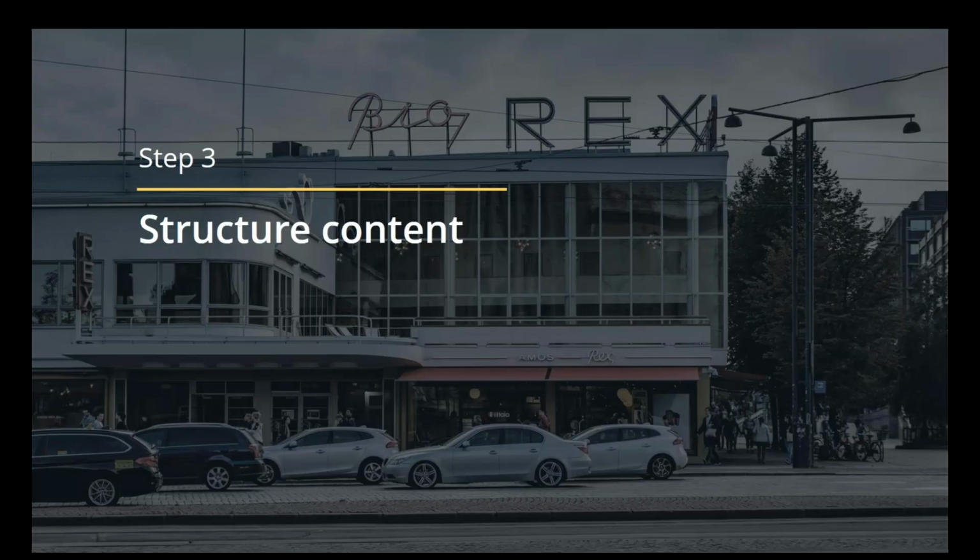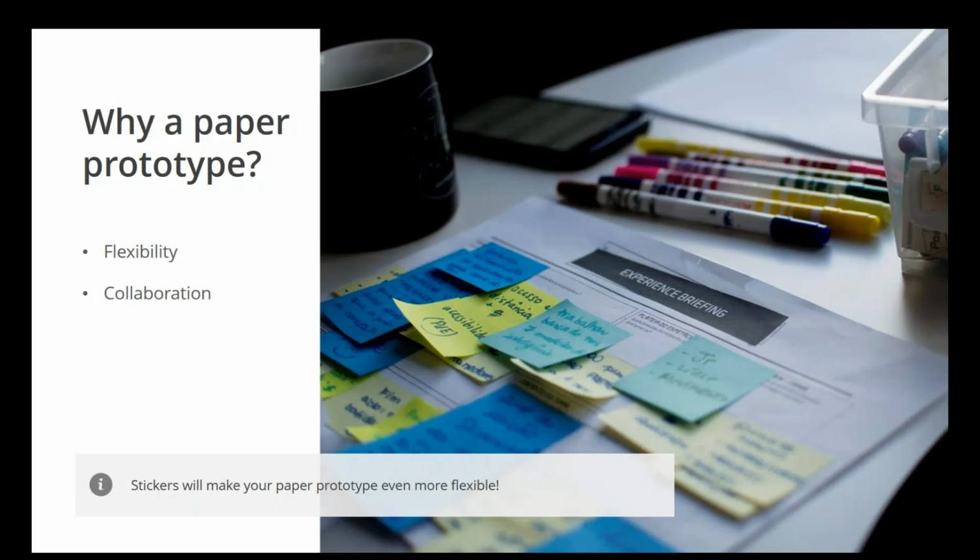So this is step 3, structure my content. I have to say that I always do a paper prototype of any content, and there are two reasons for that. The first reason is flexibility, because you can crumple the old version and immediately create a new one. You can scatter all those papers around.